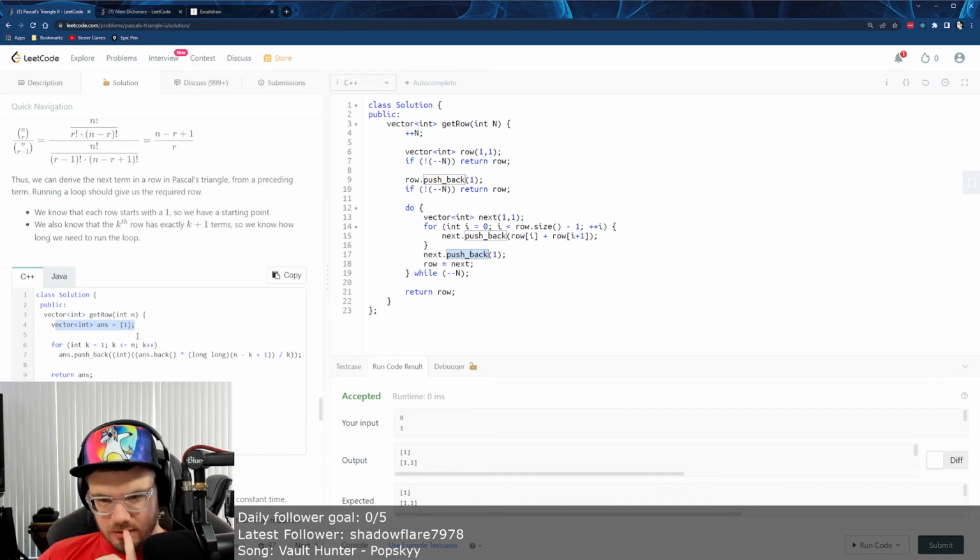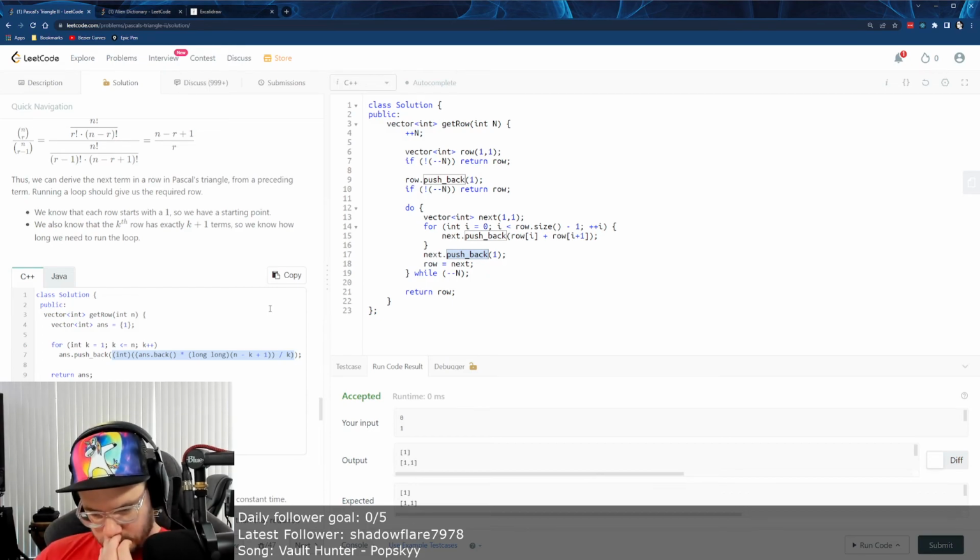And then they're iterating to calculate the rest of the row, and then it's just a formula. So basically you can calculate the elements of the row in constant time. So it's the previous element of the row times n minus k plus 1. So yeah, it's math.